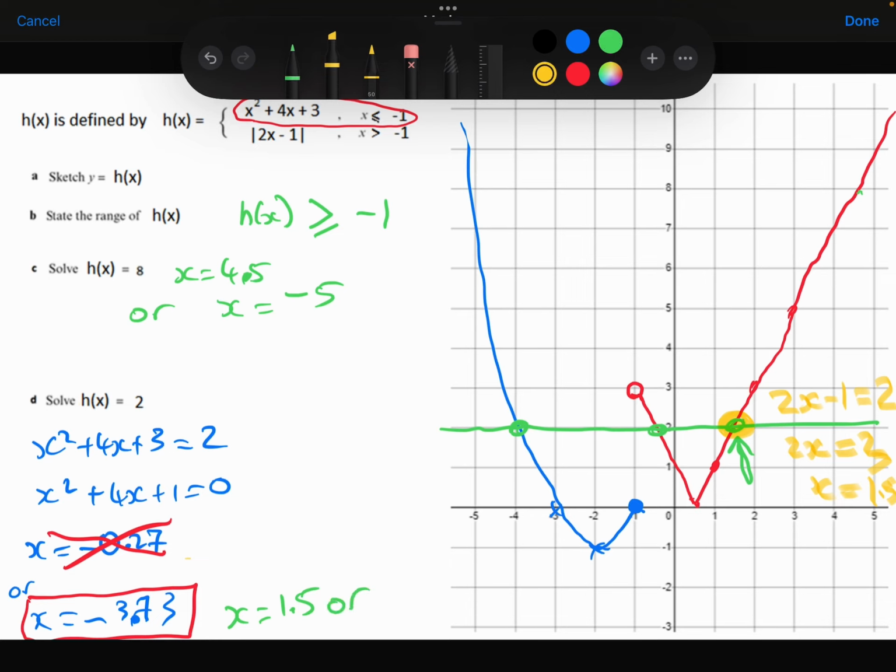Or it could also have been this one here. Now remember, this part of the graph, that was the modulus that got multiplied by minus 1 when it flipped from being down here to being positive. So if I take the 2x minus 1 and multiply that by minus 1, we get minus 2x plus 1. That's the equation of that line there.